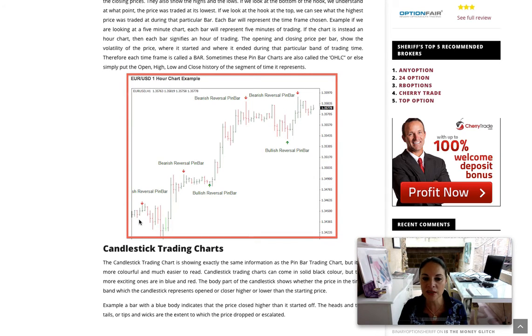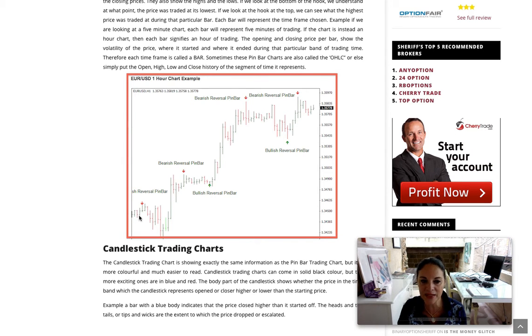The pin is actually the little hook on the side. If it's a red bar, it means that the price started at this point where we have this little kick here, went all the way down and finished at this point.